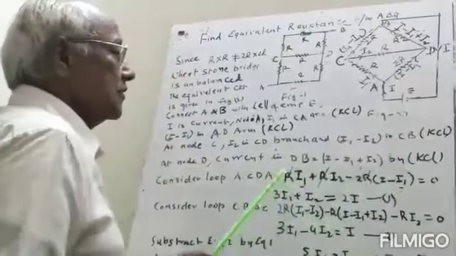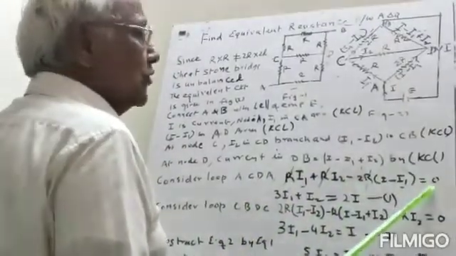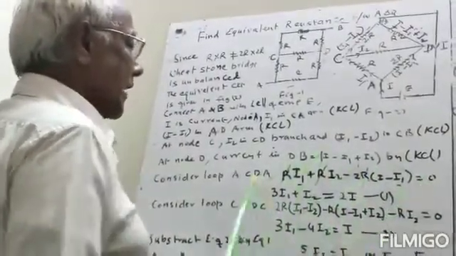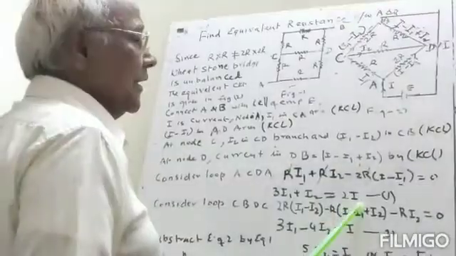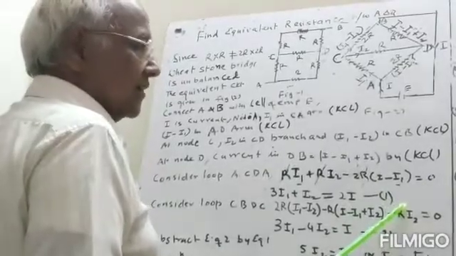Since R is common, this is equal to 0. We cancel R, and so it will be equal to 3I1 plus I2 is equal to 2I. This is equation number 1.